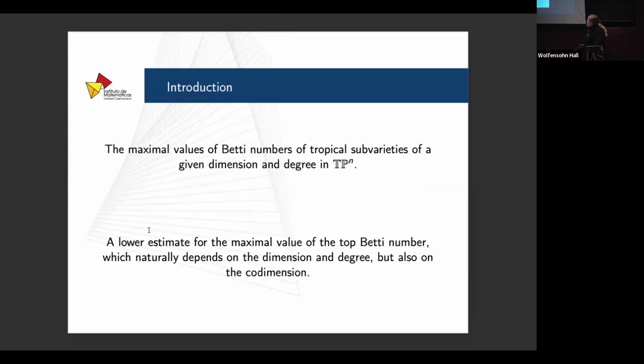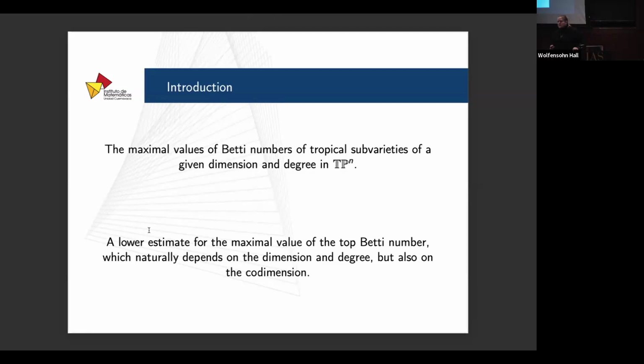We want to bound these numbers. And the difference between the classical algebraic case and the tropical case is that these bounds in the tropical case depend on the codimension.